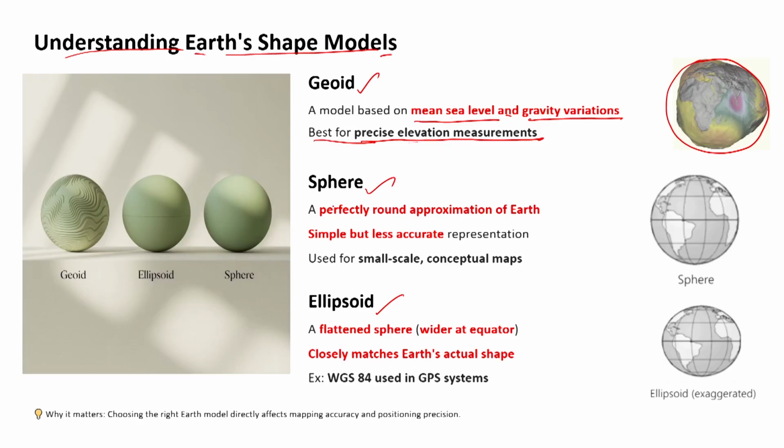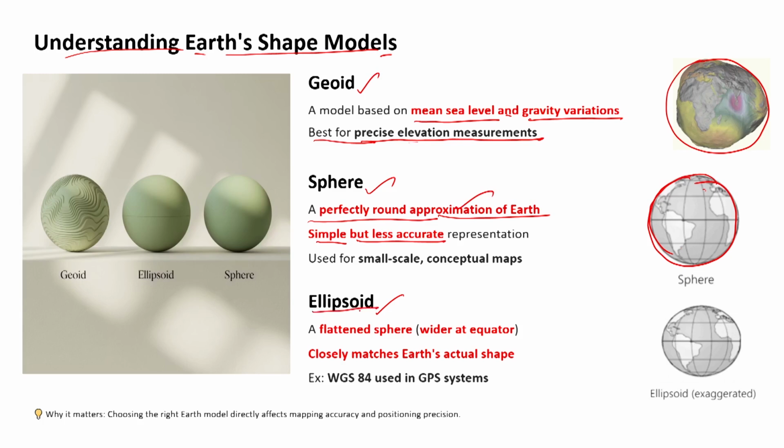Sphere is a perfectly round approximation of the earth, simple but less accurate. The problem here is that it approximates the earth perfectly round, it is not actual, so it is simple but less accurate.